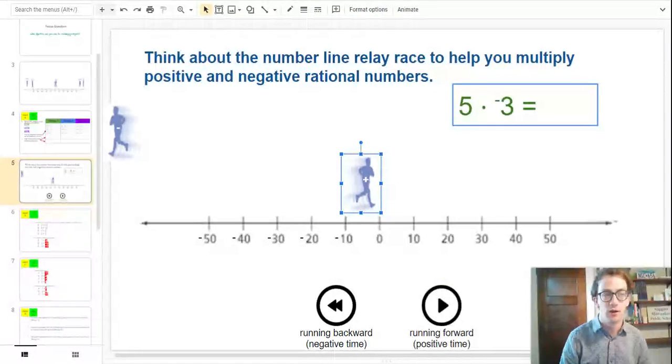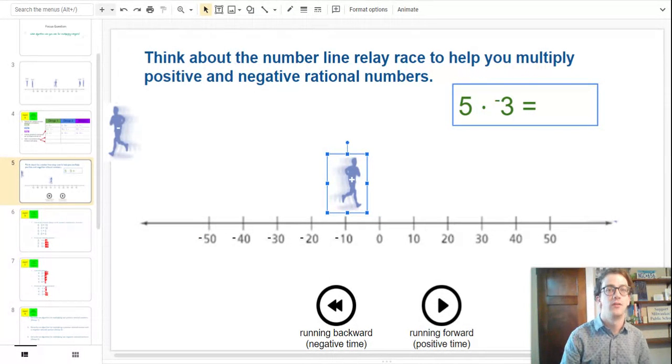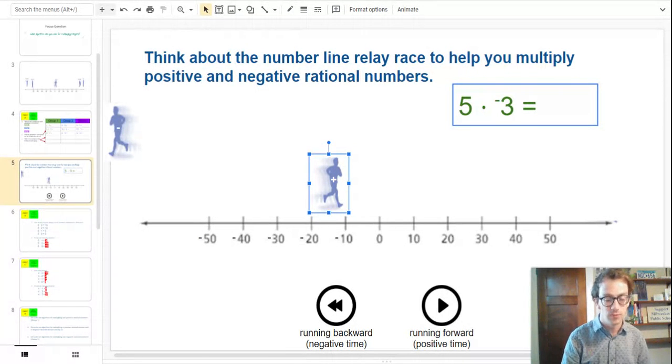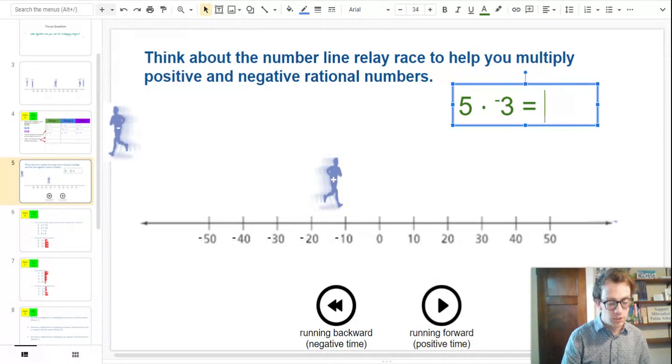I know 1 second ago, he was 5 meters back. 2 seconds ago, he was another 5 meters back. So he's at -10 now. 3 seconds ago, keep pressing rewind, keep watching him run backwards, he was at -15. So I just used my strategy of the number line relay race to show that 5 times -3 equals -15.